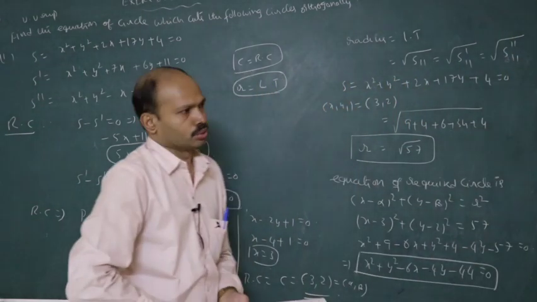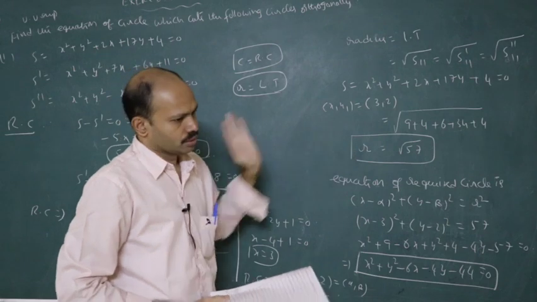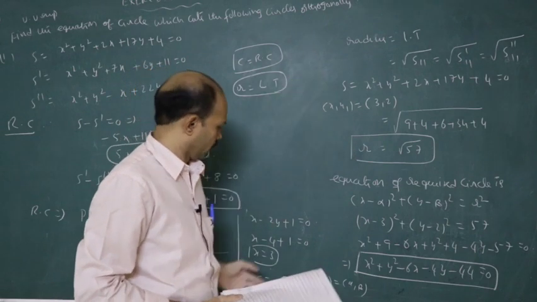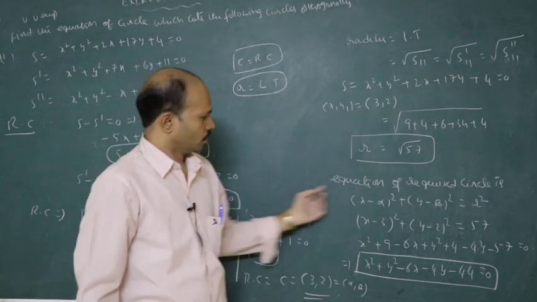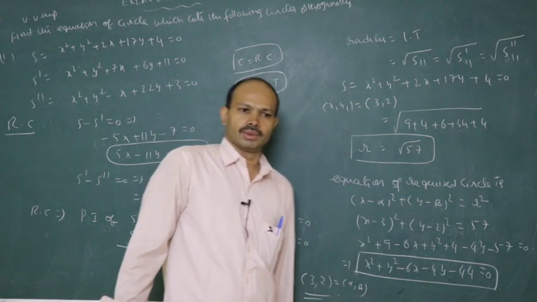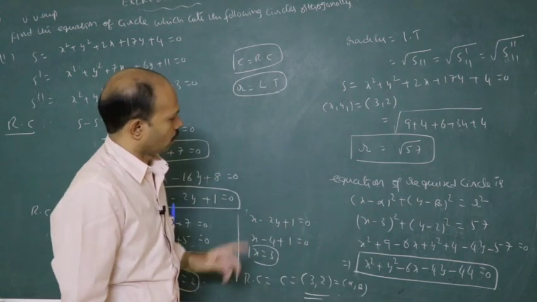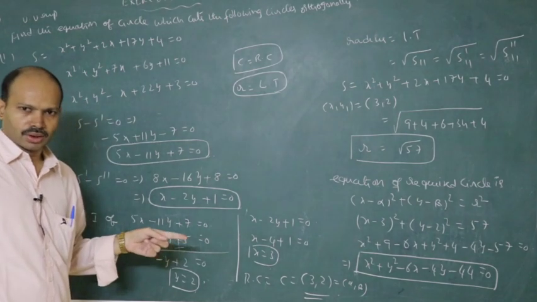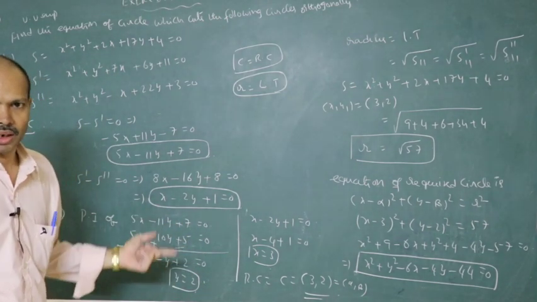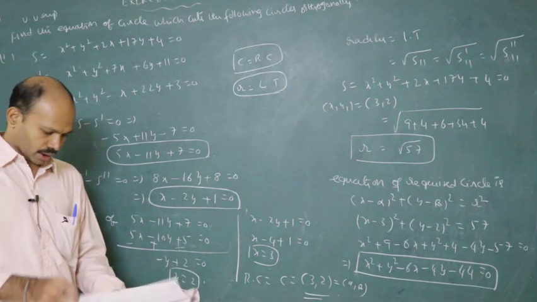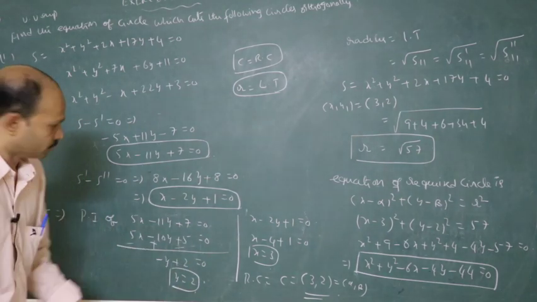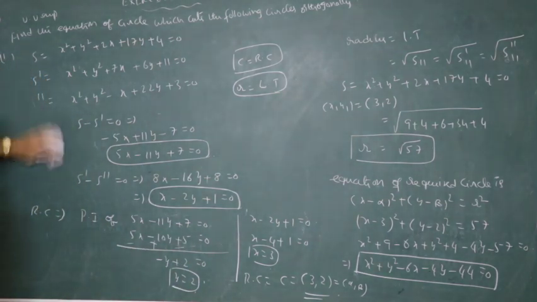All give the same conclusion. Write this down, and after knowing the center and radius, you know the equation of the circle. It's very, very important. All of you observe this and do another problem that I am going to give you for your classwork, under the same concept, same data.